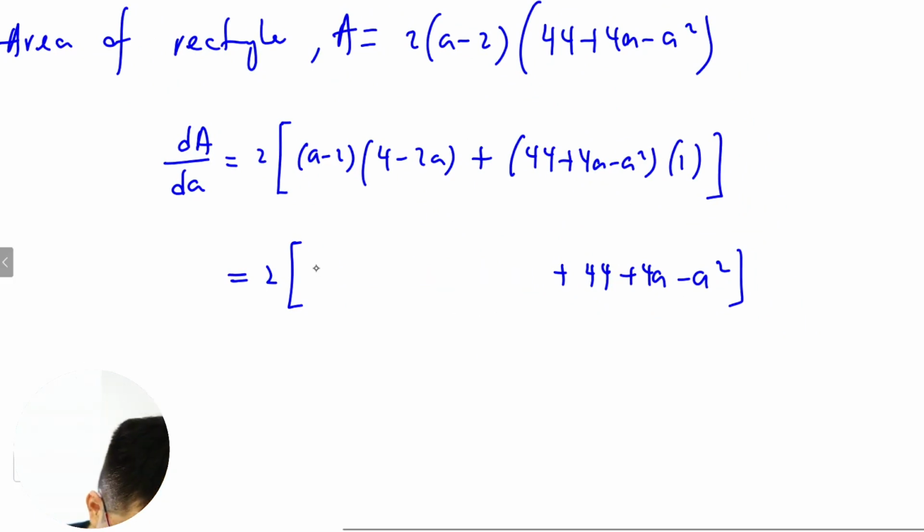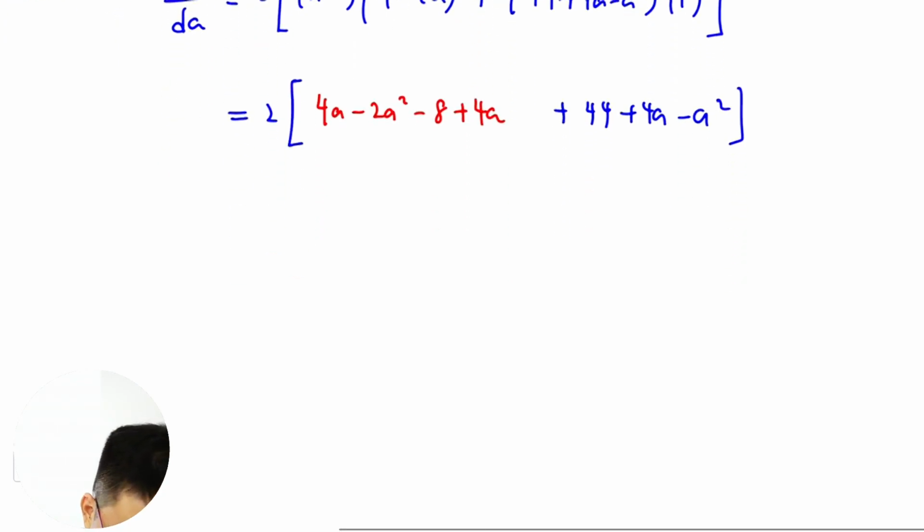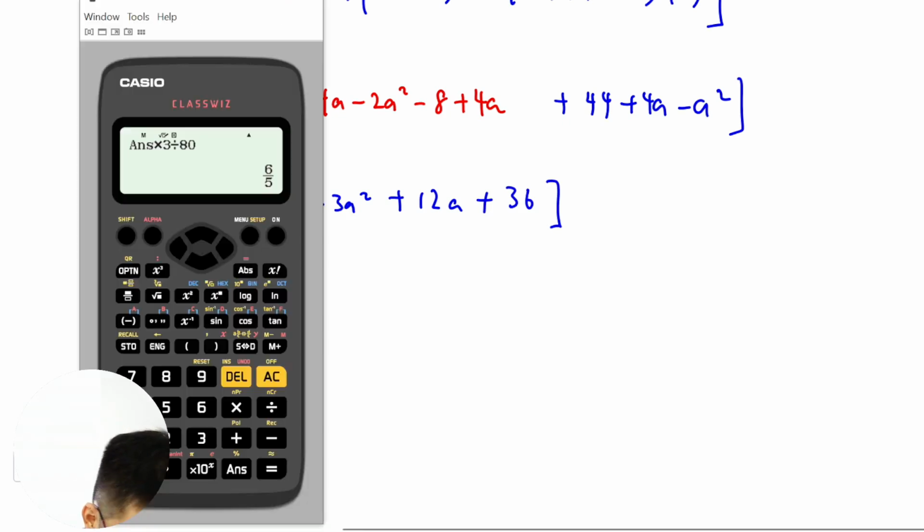Here will be 4a minus 2a squared minus 8 plus 44. Okay, great. So this case here will be 12a minus 3a squared, 12a, and then you have 44 minus 8, which is 36.